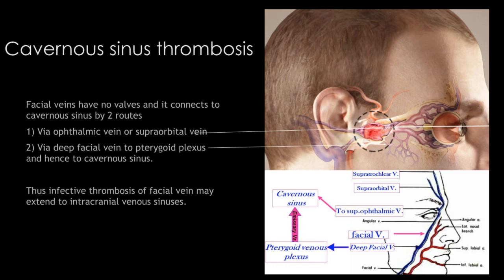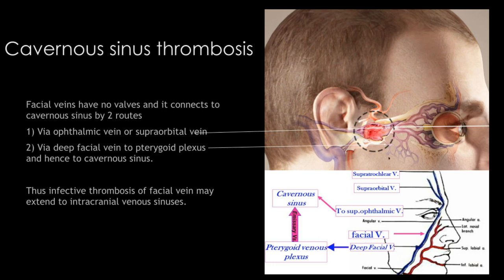So the facial vein connects to the cavernous sinus by two routes. As you can see here, this is the facial vein. The facial vein via the superior ophthalmic vein, as I said before, or the supraorbital vein, communicates with the cavernous sinus above, or like we saw before, the facial vein communicates to the pterygoid venous plexus through the deep facial vein.